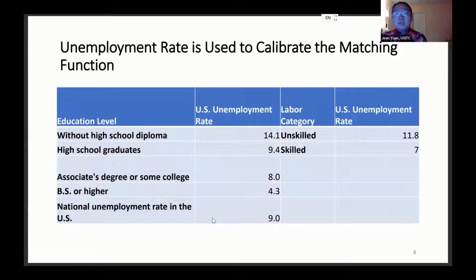And then the unemployment rate, also from the BLS, is used to calibrate the matching function. This unemployment rate by educational level is aggregated into the US unemployment rate for both unskilled and skilled labor, and then it was used to calibrate the matching function in the model.